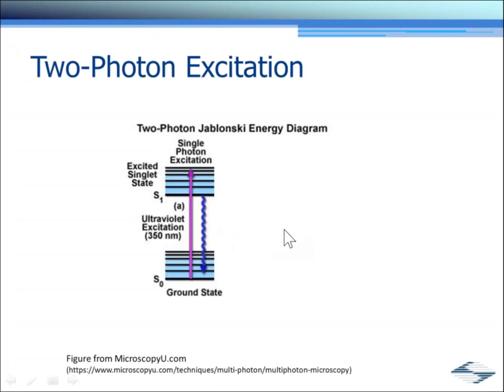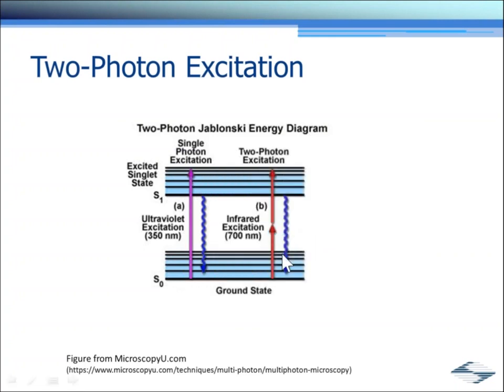So how does two-photon imaging look? If this is the single photon path, two-photon imaging happens very similarly, except instead of using a single photon, in the example in the figure shown here, we have a 350 nanometer photon, which relates to that photon's energy.